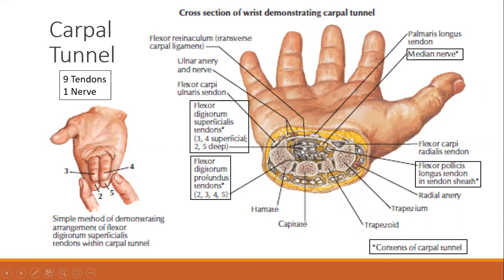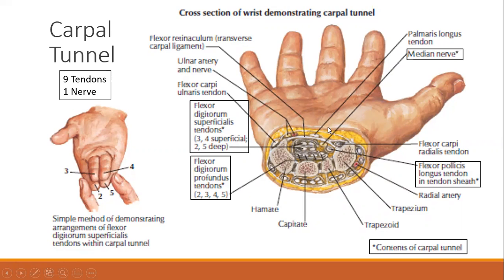As opposed to your flexor digitorum superficialis muscle, its 4 tendons are actually stacked 2 and 2. So you are going to need to memorize the configuration of these tendons. You have tendons 3 and 4 stacked on top of tendons 2 and 5.